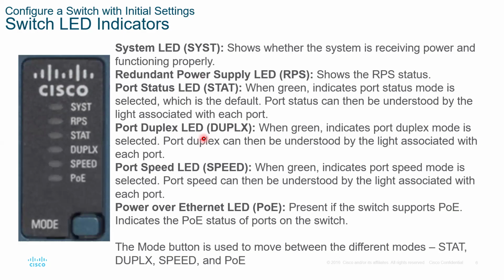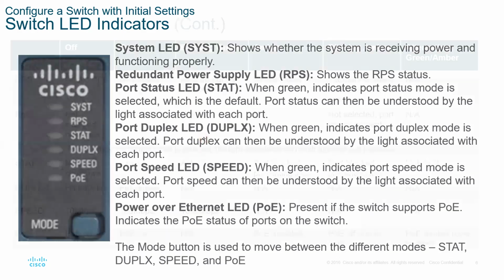Green, we're at 100 megabytes per second. Blinking green, we are now operating at 1 gigabyte per second. So the LEDs just help you understand how your device is functioning. It's very important to know these lights and what they mean.